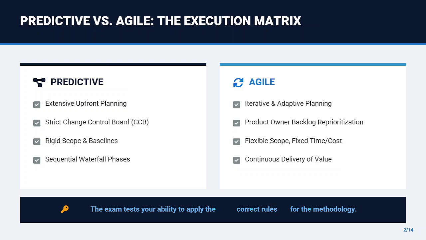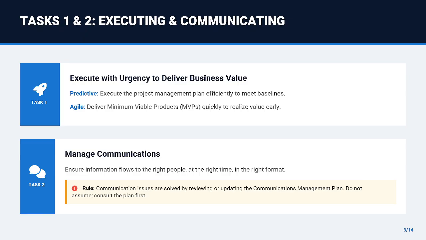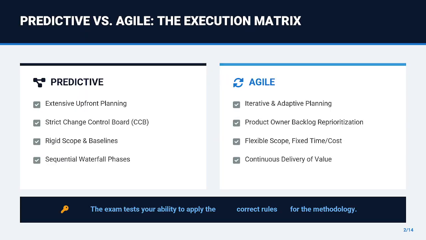If it's an agile project, your processes must focus on iterative planning, welcoming change even late in development, and continuous delivery of value. The exam will test your fluency in switching between these two execution methodologies.